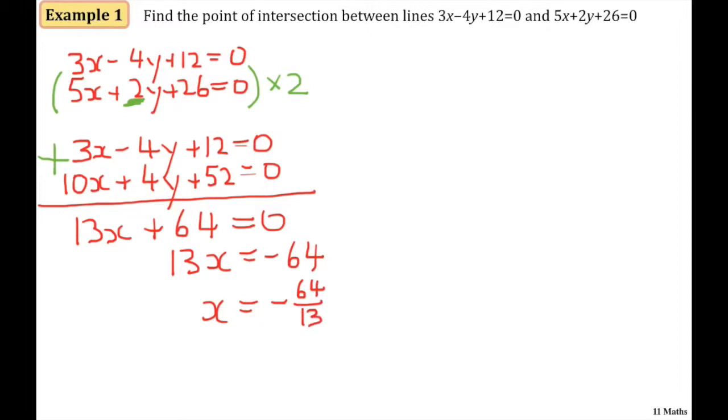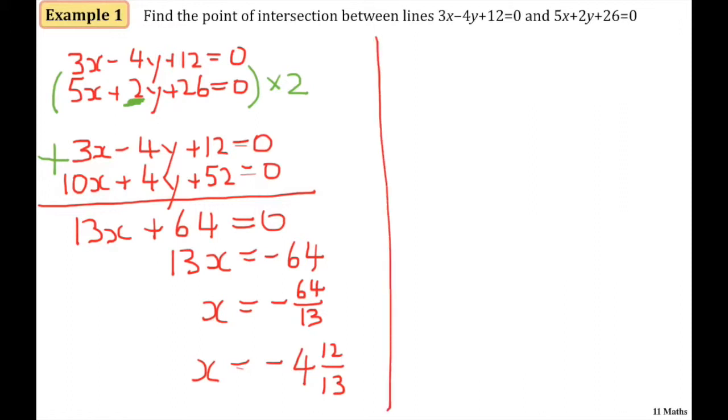If I wanted to, I could convert that to a mixed fraction. I could write it as minus 4 and 12 thirteenths, which means this is one seriously messy question. That's the x value of the point of intersection. Now I need to find the y value.